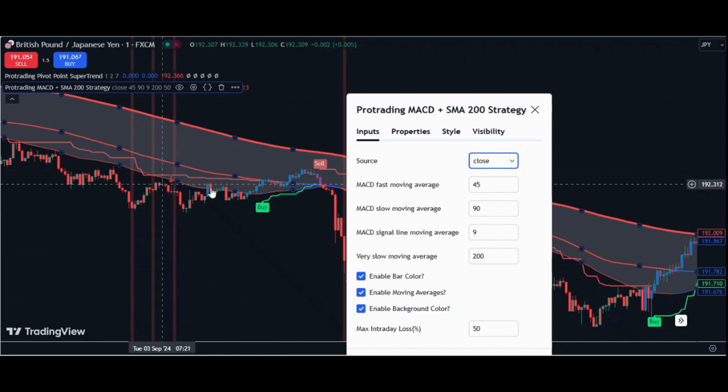For every candle that closes on the chart, it will calculate the range and give you the accurate value. Then change the MACD value to 45, then the next one to 90. The rest of the settings should stay as they are.